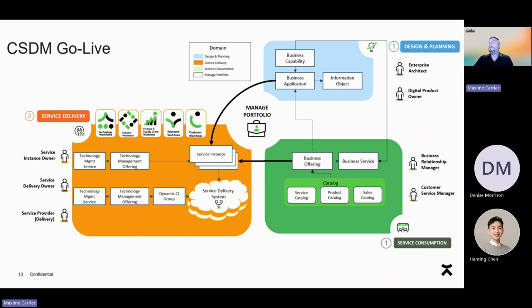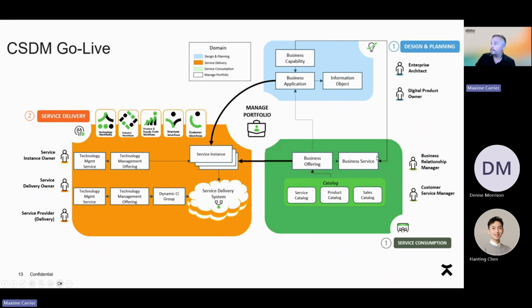But this is the most important phase, in my opinion. So when we do a go live, like I said, either you start with the application focus, number one, or the service focus, which could be your other number one. You will always end up in service delivery, right? As you can see here, if you create your business application, your business app will always consume one or multiple service instances.